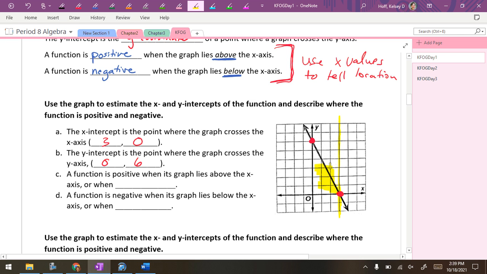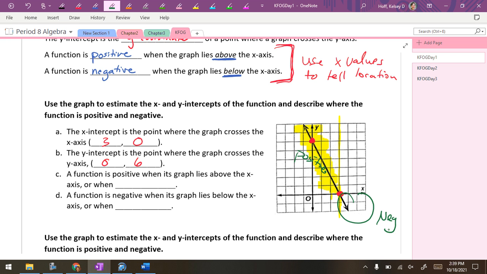To the left, over here, all of this piece of the graph is above or below the x-axis? Above, meaning it is positive or negative? Positive. So this side of the graph is positive. This side of the graph is negative because it's below the x-axis. So you have to give me a location.